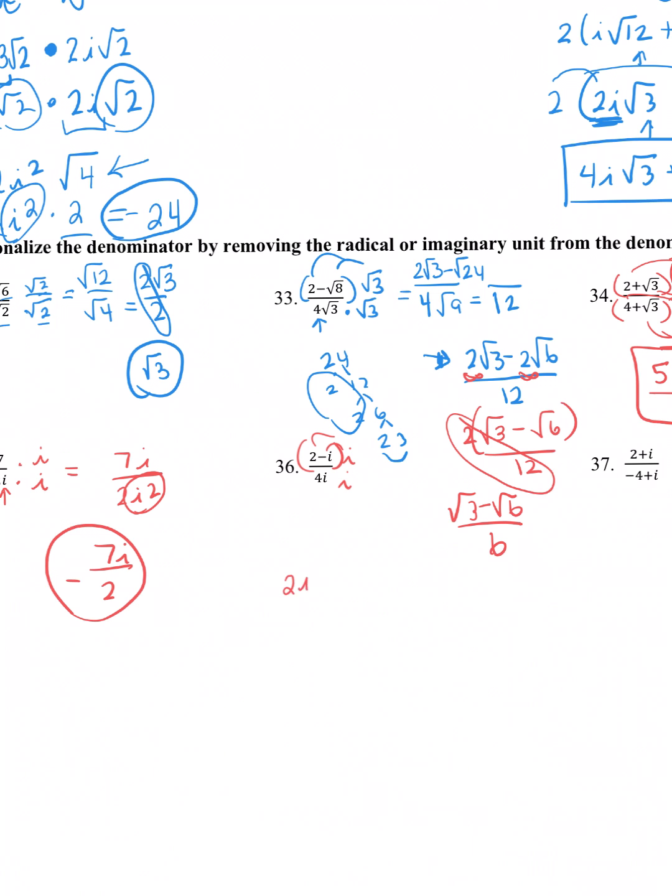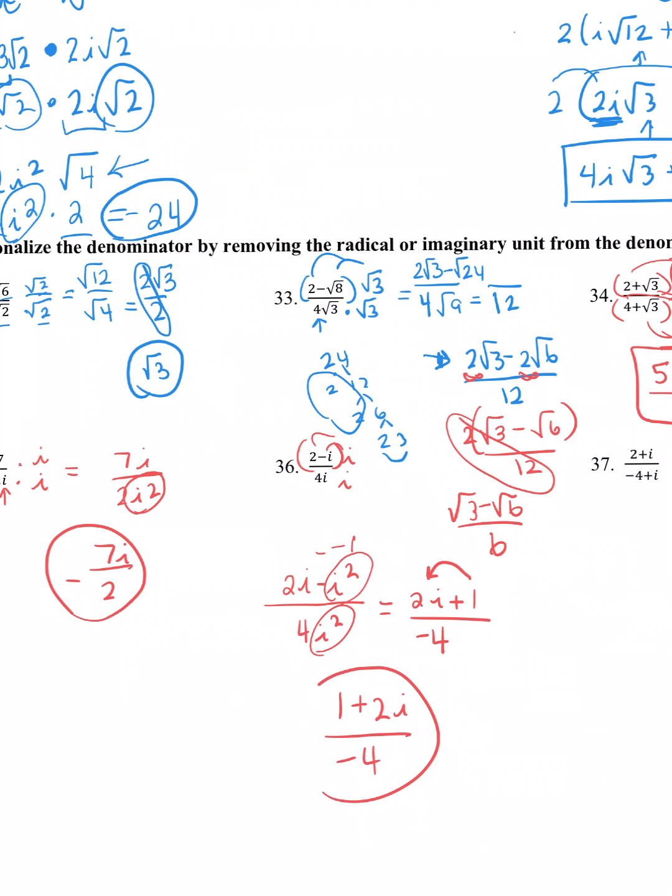So I have a 2i minus i squared over 4i squared. So this becomes a -1, so I have a minus -1. So it's going to be a plus. So I have a 2i plus 1. And this is a -1, which makes that a -4. So I'm going to flip the order of this because remember I want my number first. And this right here is the answer.